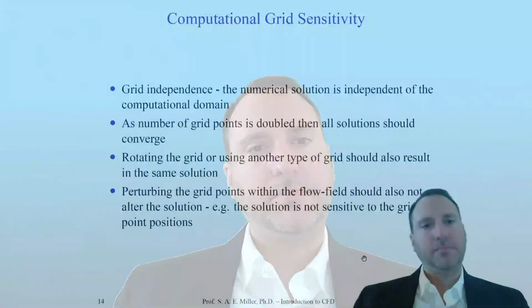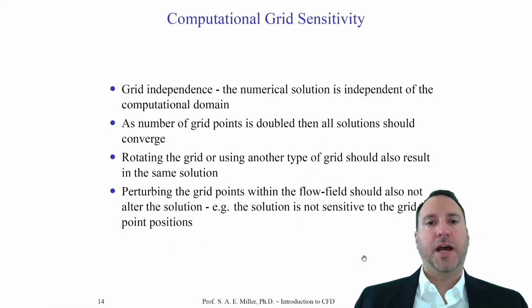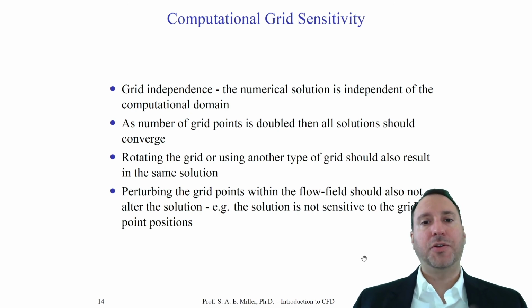Let's look at this so-called grid independent and sensitivity study. We'll define grid independence as the numerical solution which is independent of the computational domain. That is, if I add more grid points, I rotate grid points, I move grid points, the solution remains the same. How can you compare them? Well, you have a digital computer.